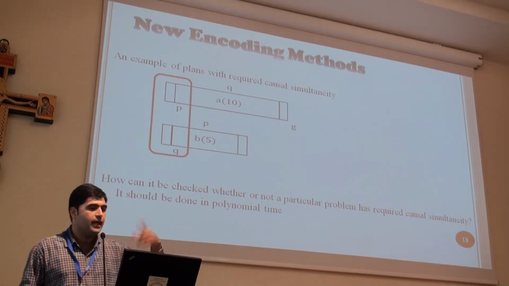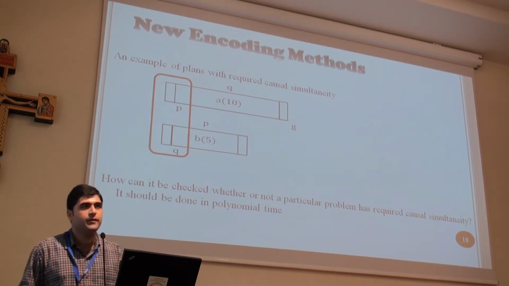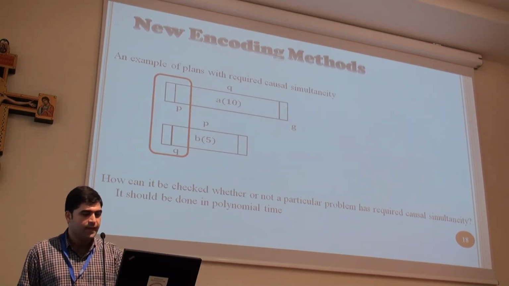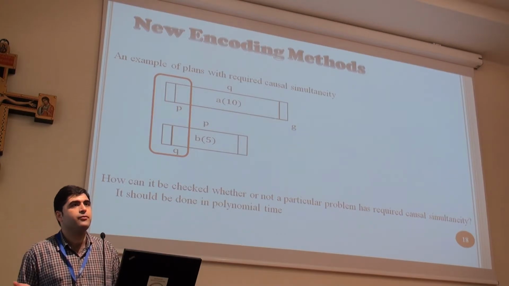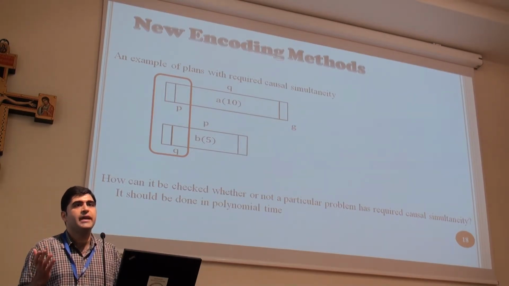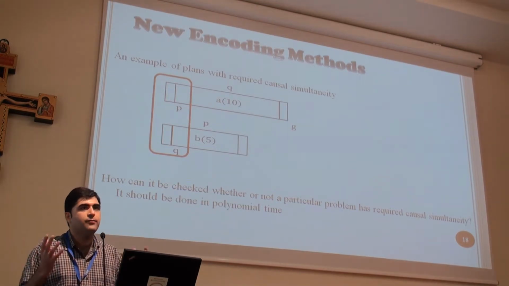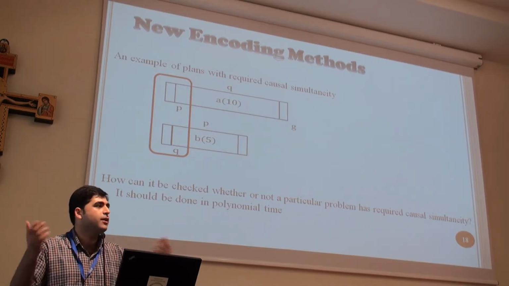Then the starts of these actions should be simultaneous. And if we want our method to be complete, we should be able to detect this situation. And when we detect this, we can go to another approach.